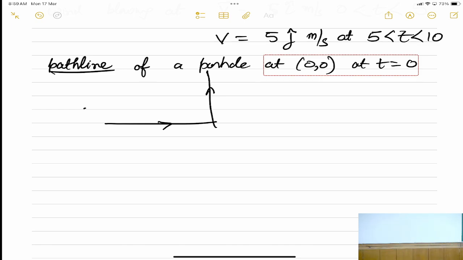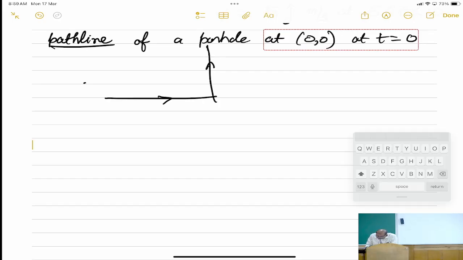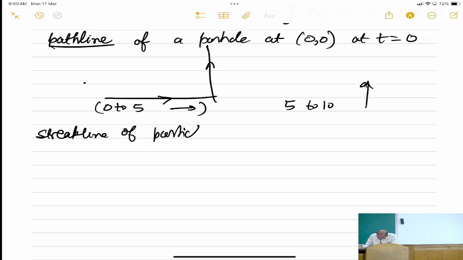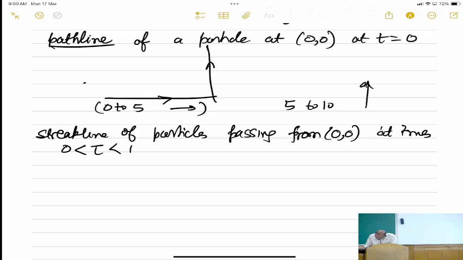Now, let's look at the streak line of particles which are passing through 0, 0. This is from 0 to 5 horizontal, and from 5 to 10 it goes like this. Of course, as I said, in this example the location doesn't matter.